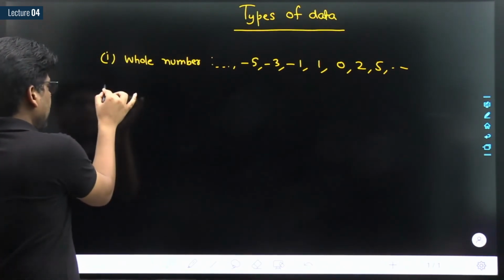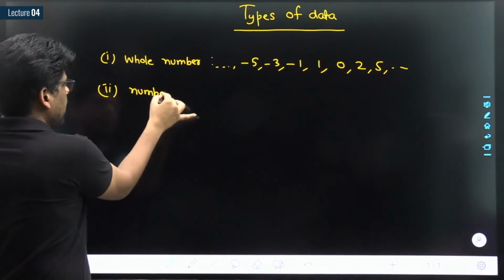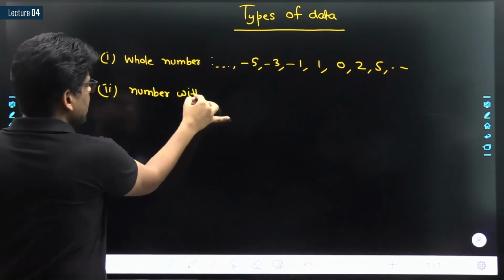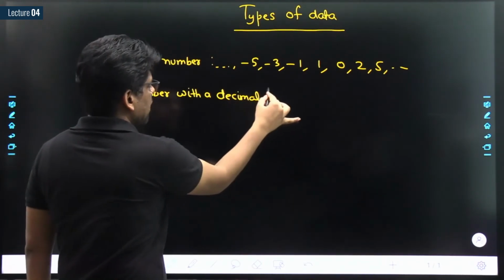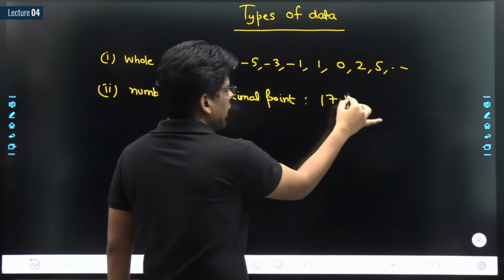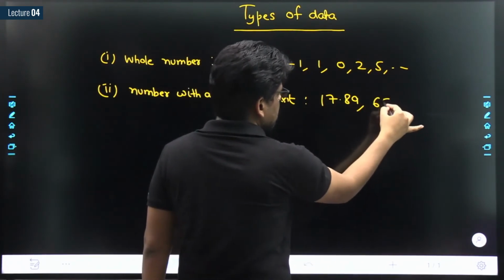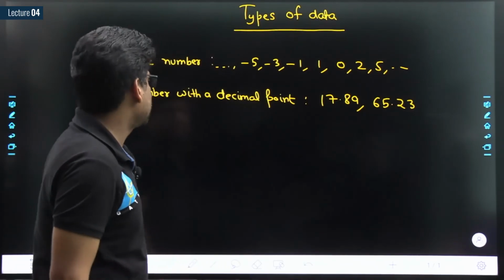It could be a number with a decimal point, like 17.89, like 65.23.